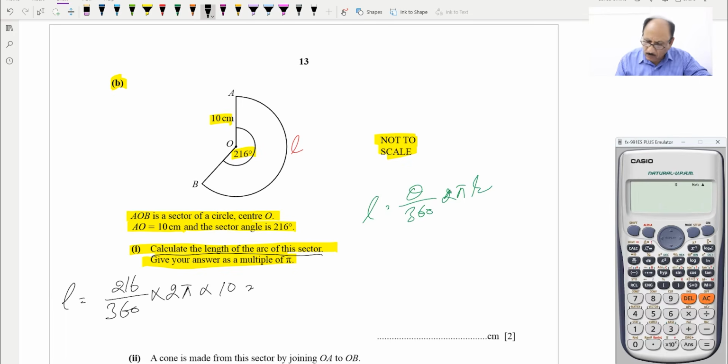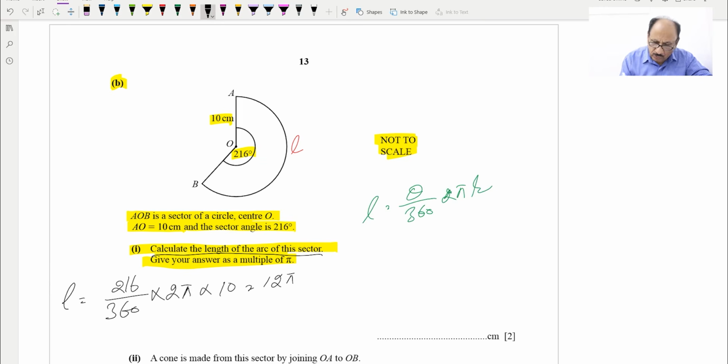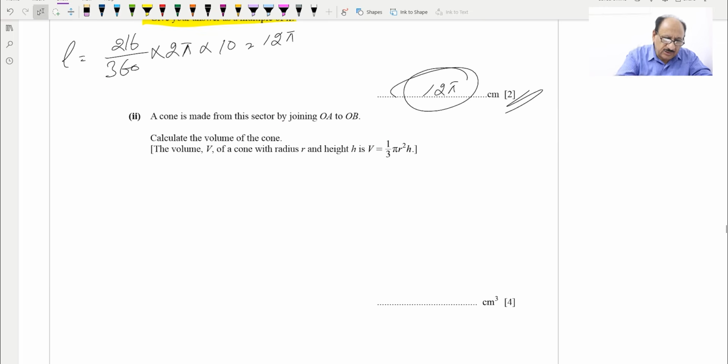This is 2 marks, a very straightforward easy question. 216 over 360 multiplied by 2 pi, and r is 10, so multiply by 10, and this gives us 12 pi. So 12 pi will be our final answer for 2 marks. Hopefully you understand this as well.